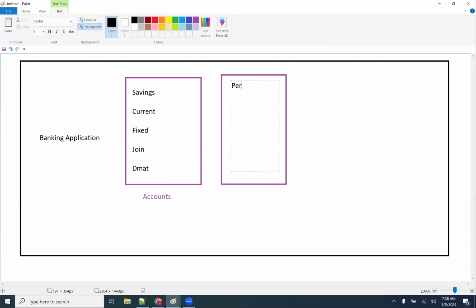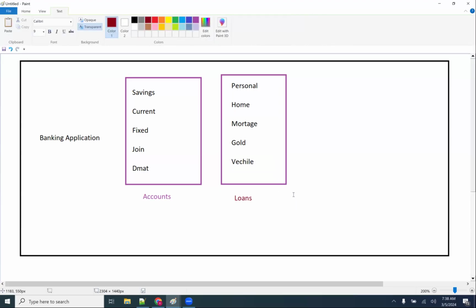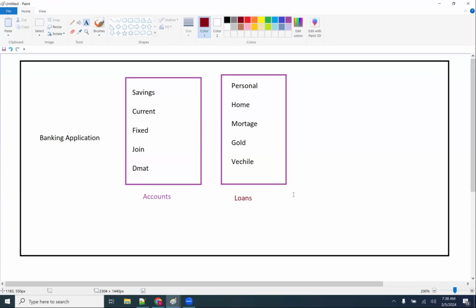Personal loan, home loan, mortgage loan, gold loan, vehicle loan, something like all loans related. Do you see this is a different category, guys? Accounts is one category, loans is another category.